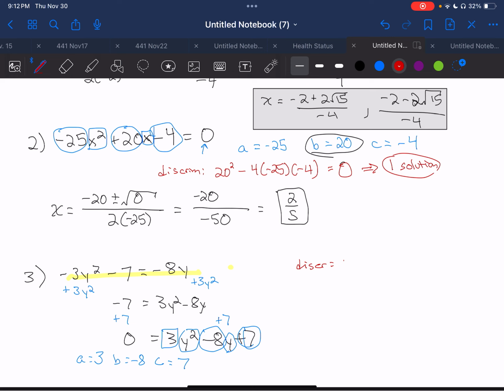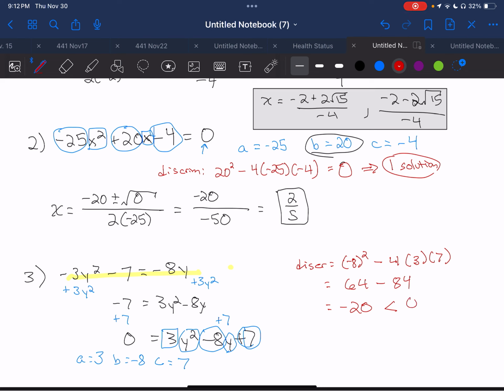So I have b squared, so this is negative 8 squared. That negative needs to be inside the parentheses if you're going to write it there at all. Minus 4 times 3 times 7 equals 64 minus, and we have 12 times 7 is 84. 84 equals negative 20.